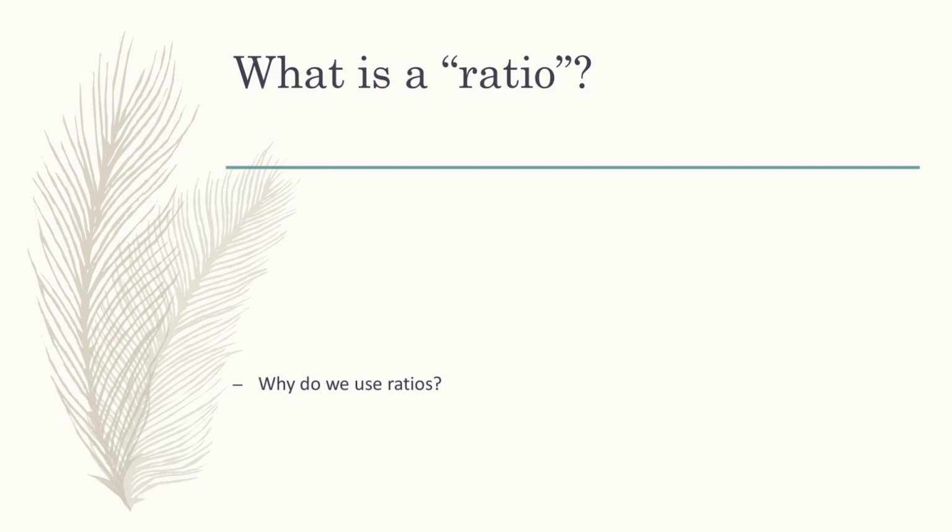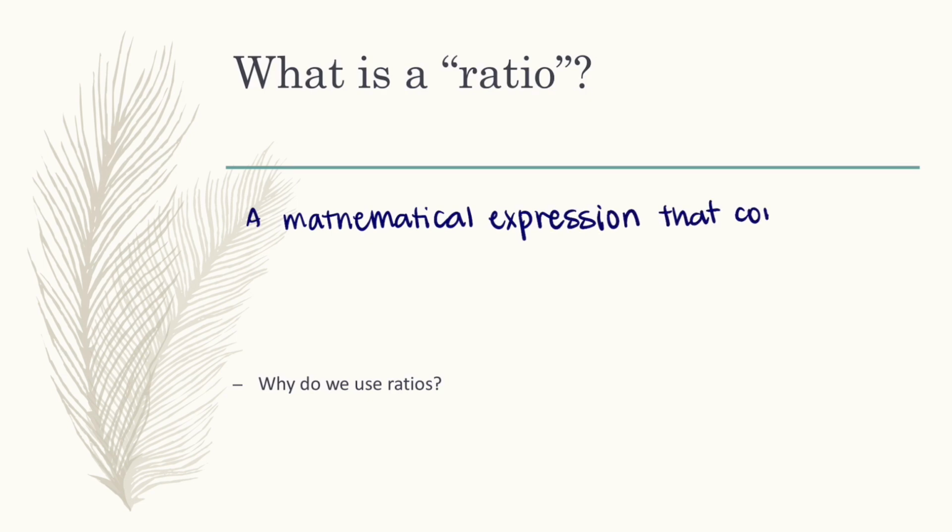To start off with the unit rate, we need to talk about what a ratio is. You might have heard this word before. A ratio is a mathematical expression that compares two quantities through division.